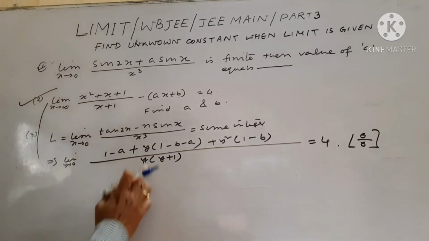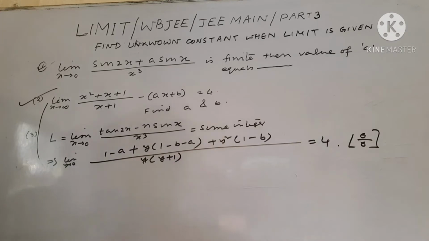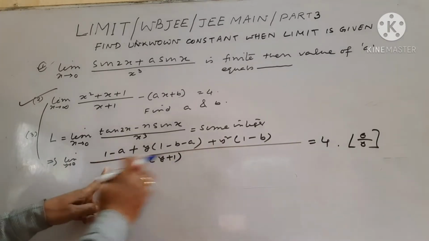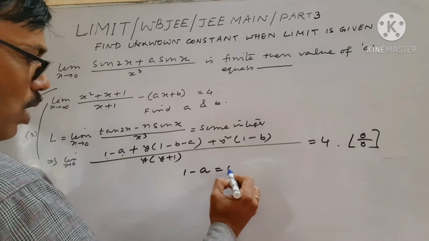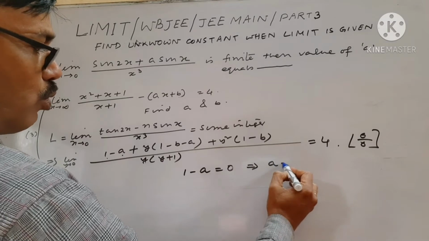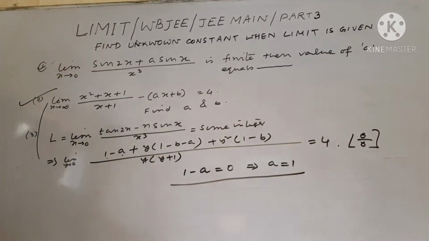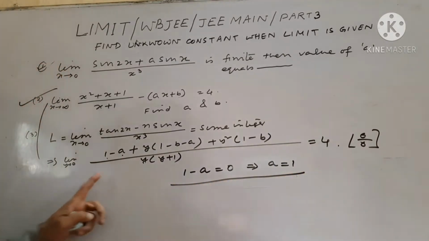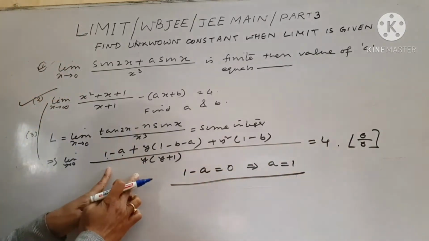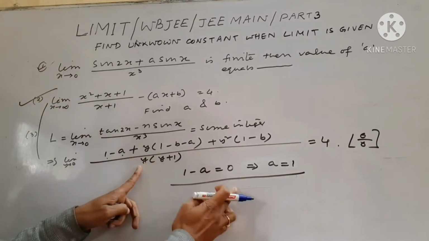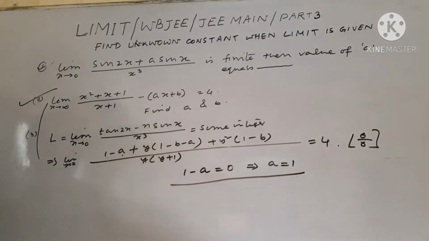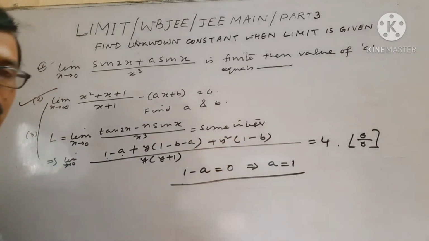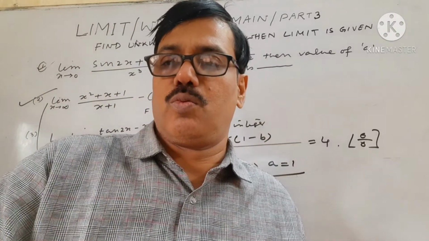So to make it 0 by 0 form, 1 minus a must be 0. So we are getting a equals to 1. So the limit exists, and we can use L'Hospital rule. So what is a? a equals to 1.